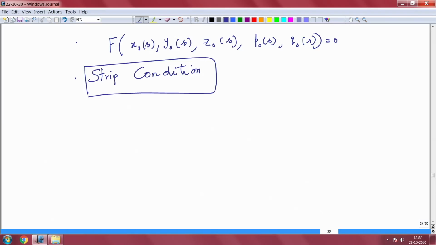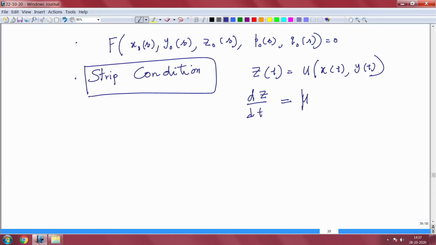Let me come to the strip condition. Z is equal to, so you have generally Zt is equal to u of xt, yt, right. So if you differentiate this with respect to t, you will have dz by dt is equal to ux, which is p.